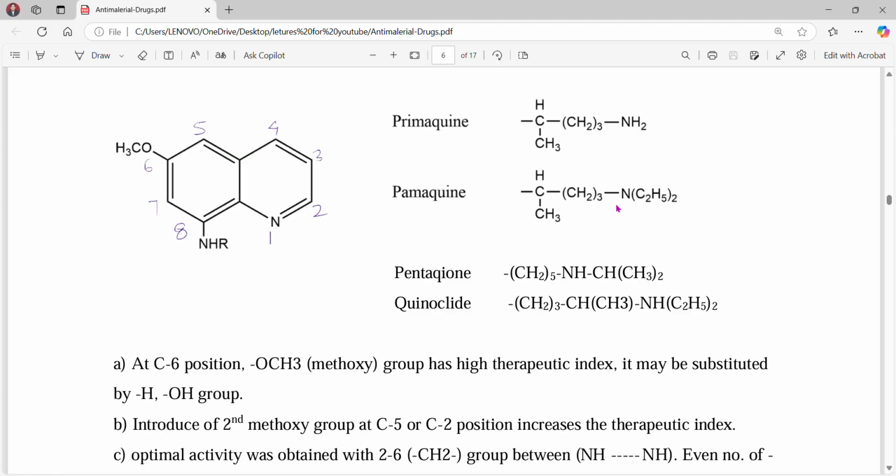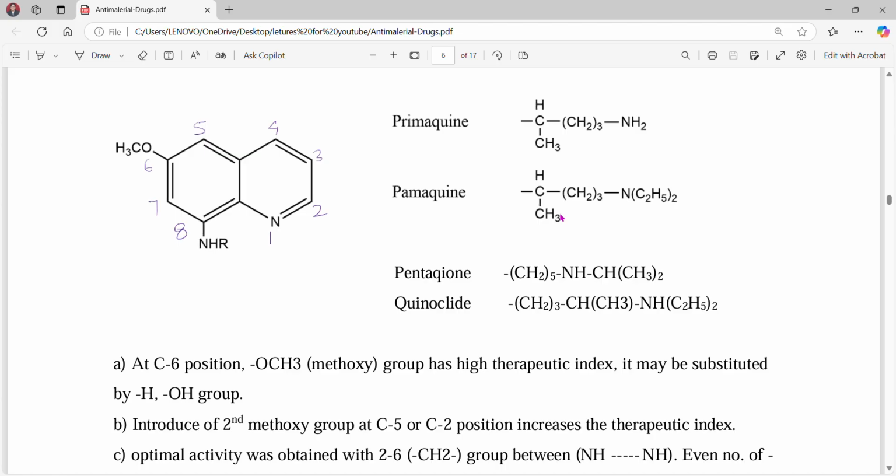In contrast to the 4-aminoquinolines, these agents lack activity against erythrocytic merozoites. That means 8-aminoquinolines have less action against erythrocytic merozoites. In fact, they attack the pre-erythrocytic phase of the disease and also show gametocidal activity to some extent.